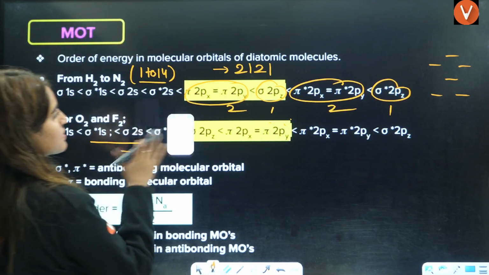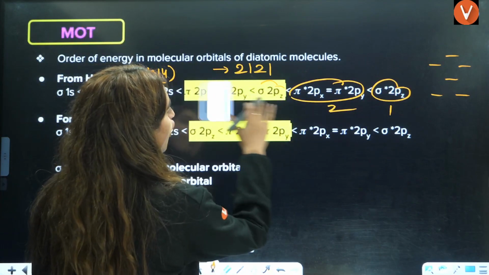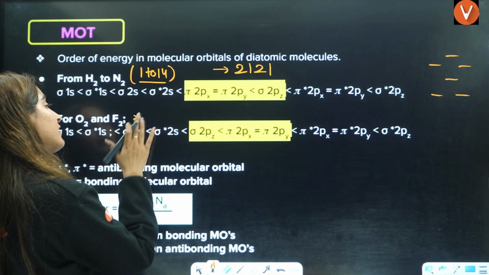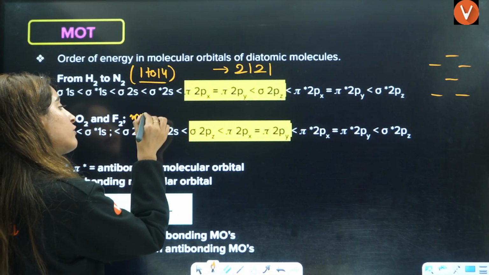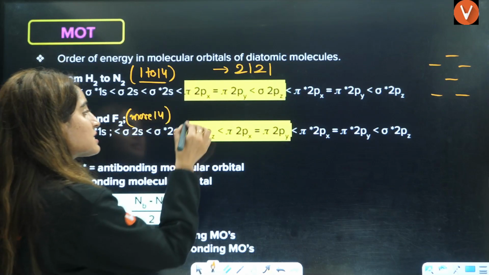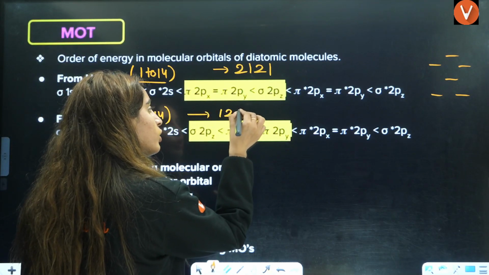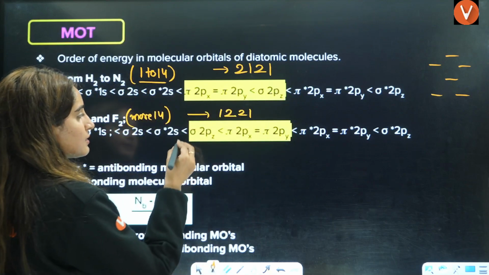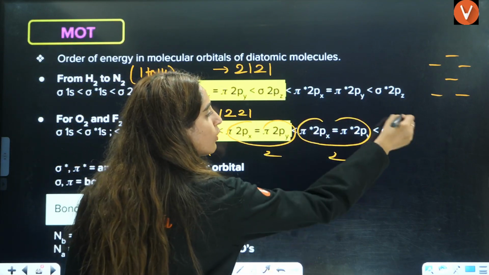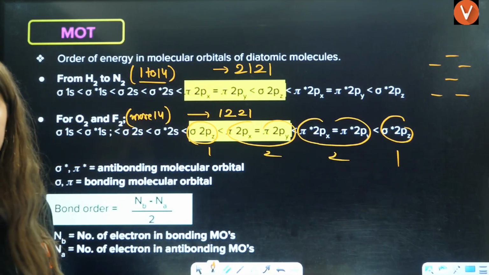Now, next is, whenever we are going to talk about more than 14 electrons involved, the answer is going to be 1, 2, 2, 1, right?